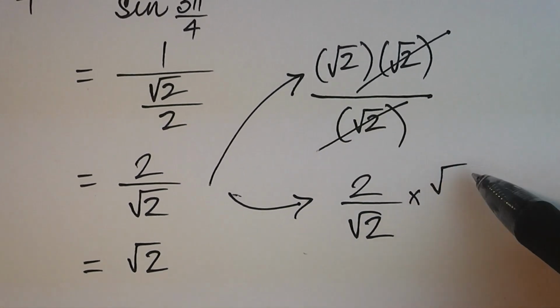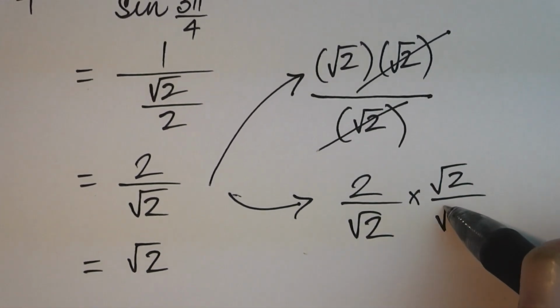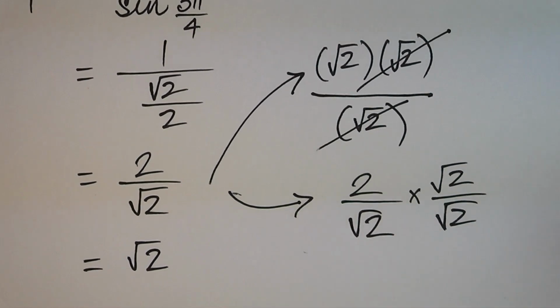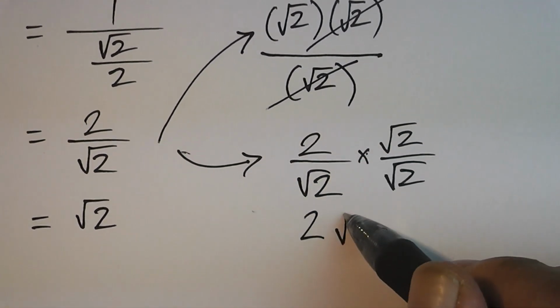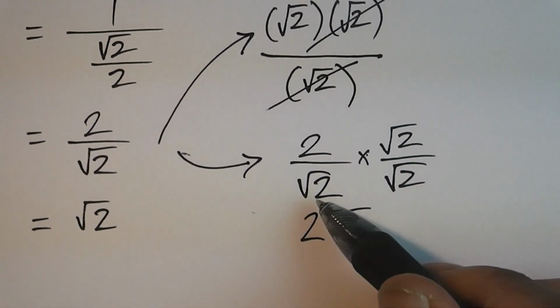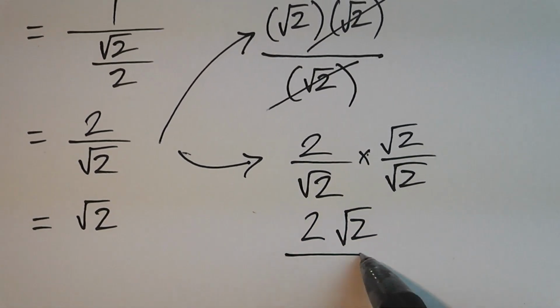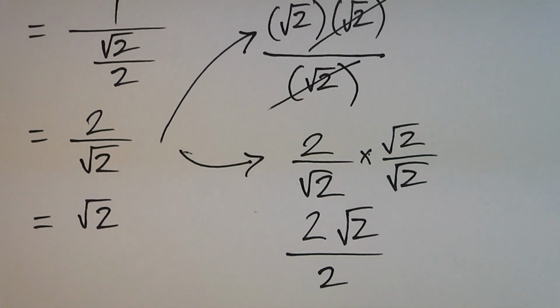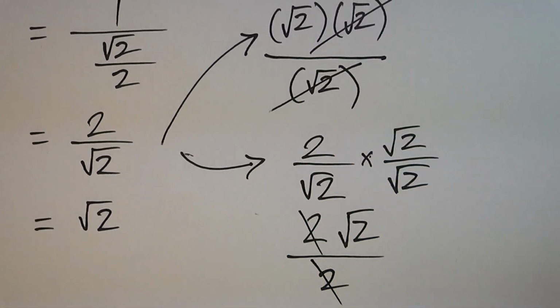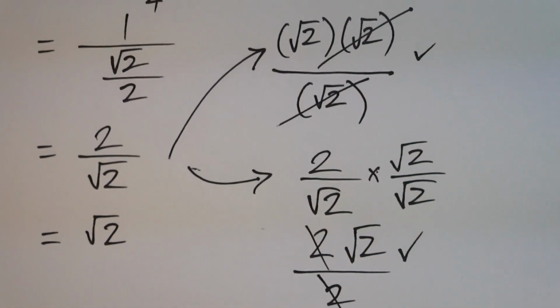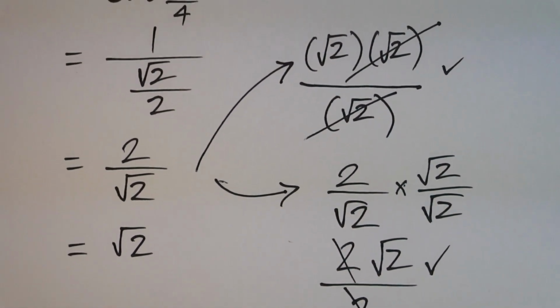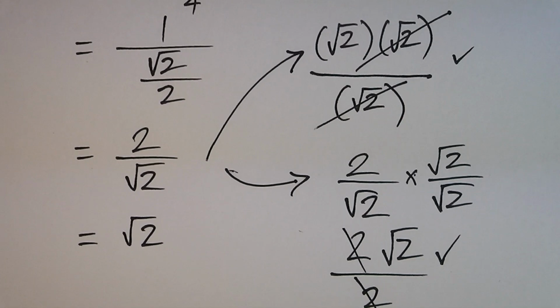So you're going to multiply by radical 2 over radical 2. What happens? Well, this radical 2 and this radical 2 multiply to give us 2. These cancel, and again you're left with radical 2. So the cosecant of 3 pi over 4 is radical 2.